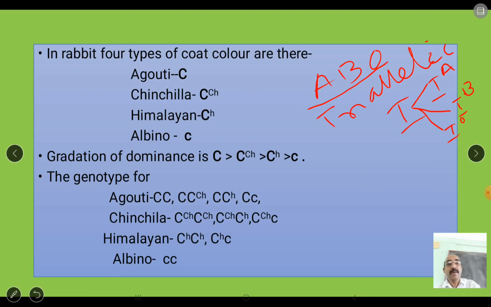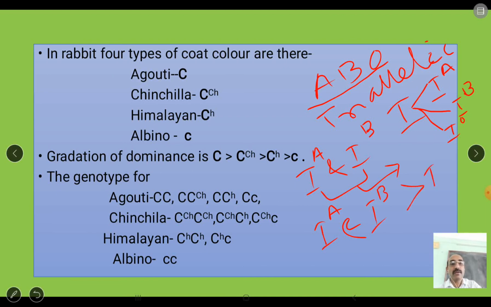Remember it, 2 of the 3 alleles at one time. Got it? So, I^A and I^B are codominant, which we have already studied, and I^A and I^B are dominant over I^O.